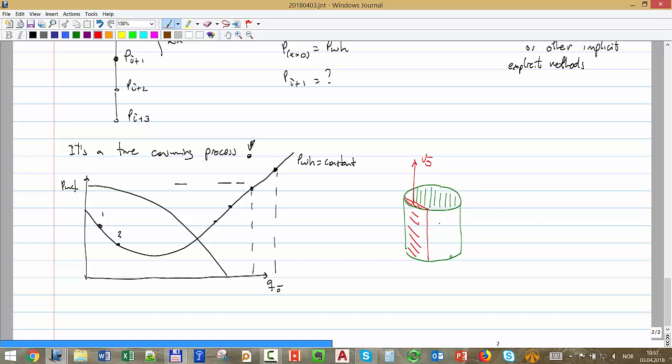If we look at the cross section of this piece, the density of the mixture will be very close to the density of the oil, not at standard conditions, but local. It will be very close because the gas is flowing fast, so it doesn't need a very big cross section to flow. Thus, the density of that pipe section will be very close to the density of the oil. That will be point 1.